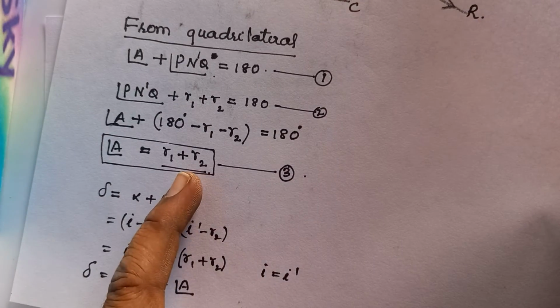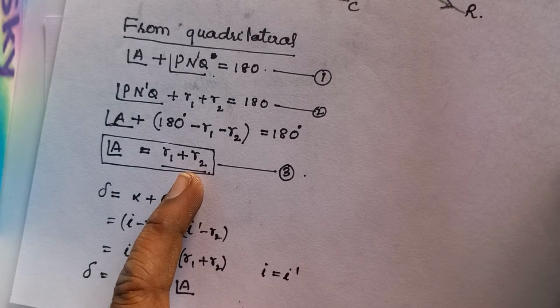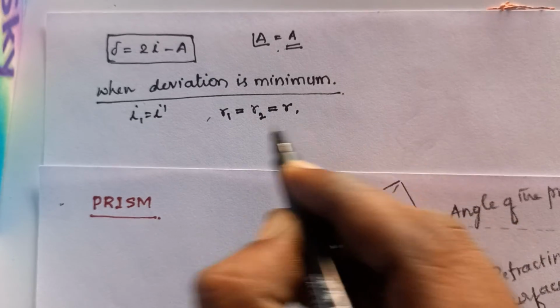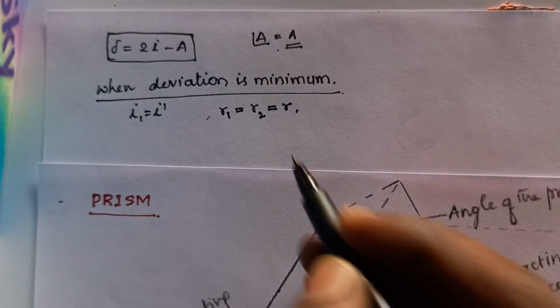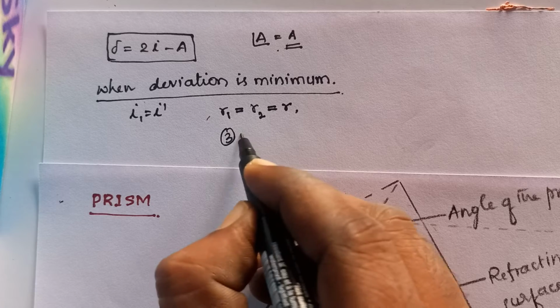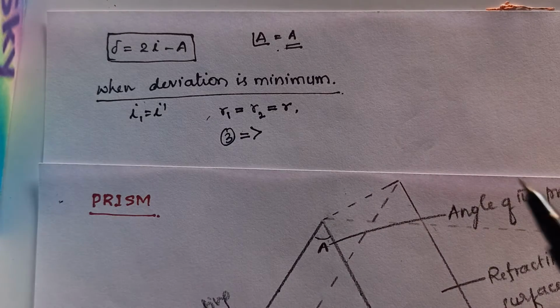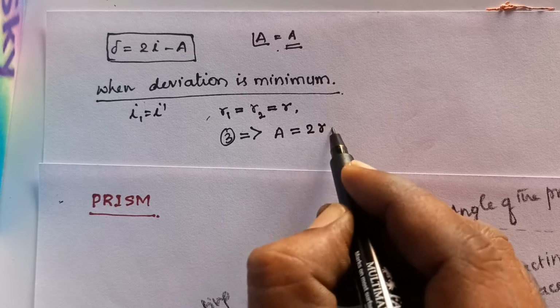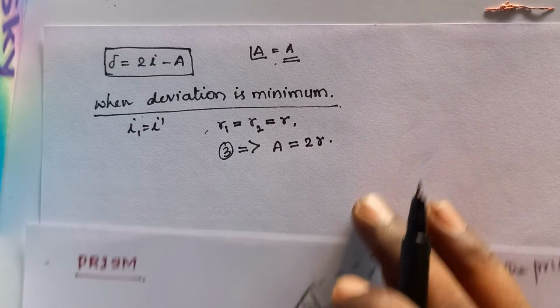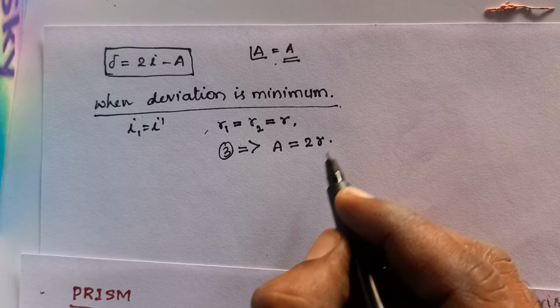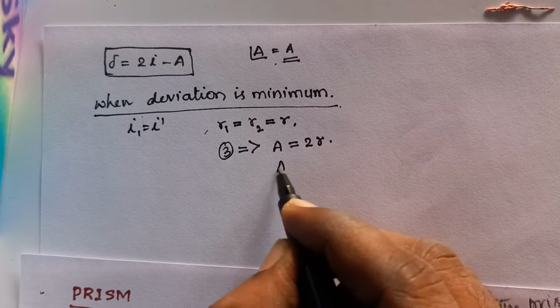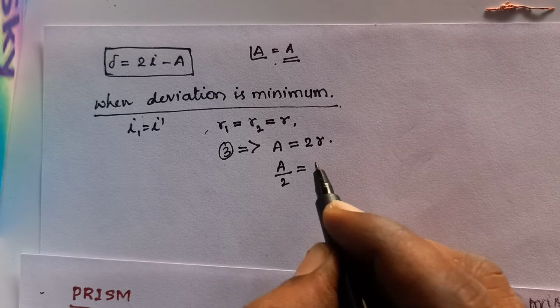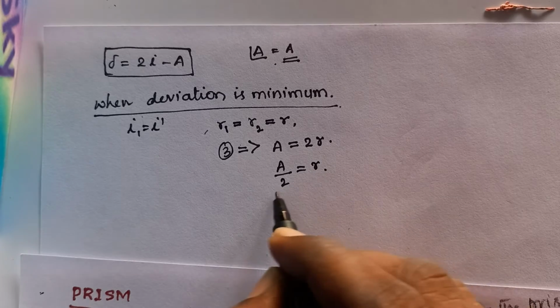So from equation 3, A is equal to 2R, or A by 2 is equal to R.